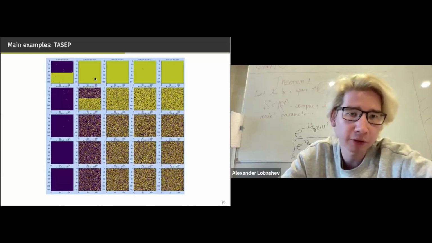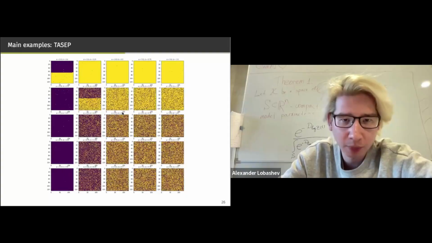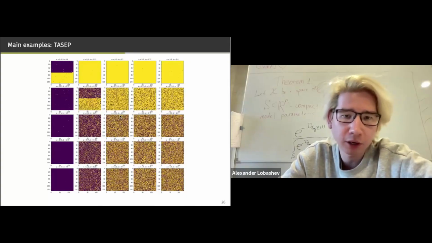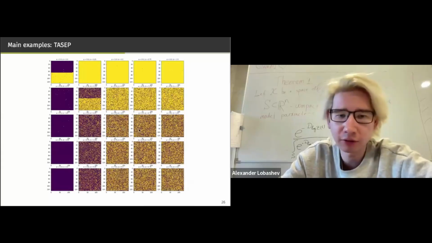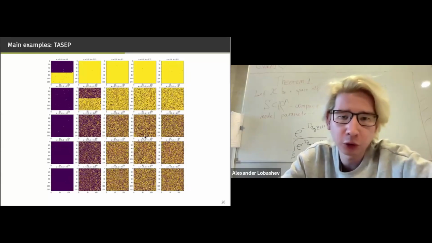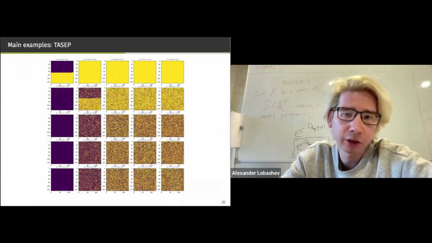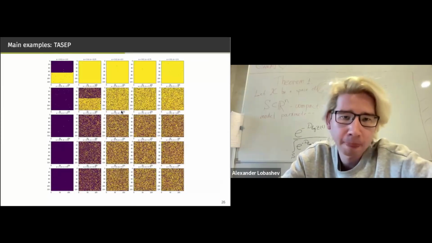Here we have two parameters, alpha and beta, and we have this region where alpha and beta are larger than 1/2, and in all these regions, we will have just white noise. In this case, independent, identically distributed random variables take values 0 and 1 with equal probability.